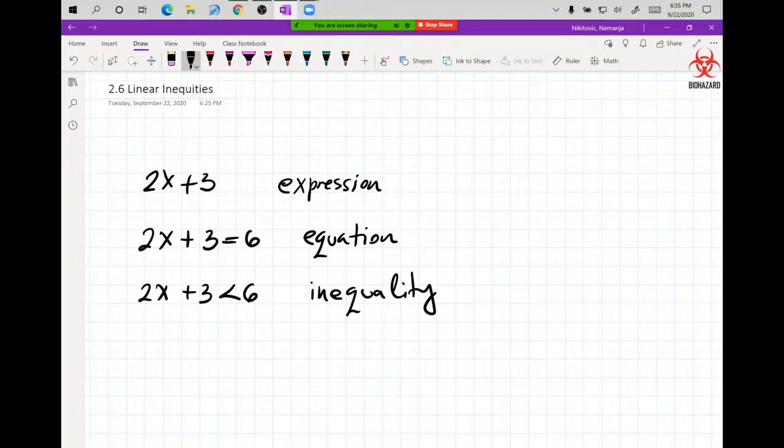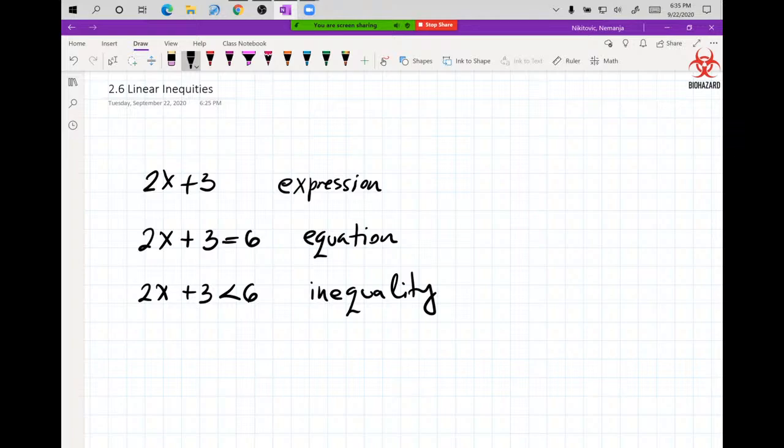And finally, the last piece of the puzzle, which is what we are going to work on today, is 2x plus 3 less than 6, which is an inequality, and that one will be now our topic, where we are going to see that we are getting a lot of solutions rather than just one solution, like for equations.